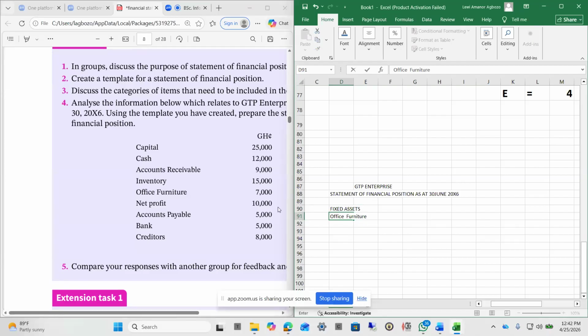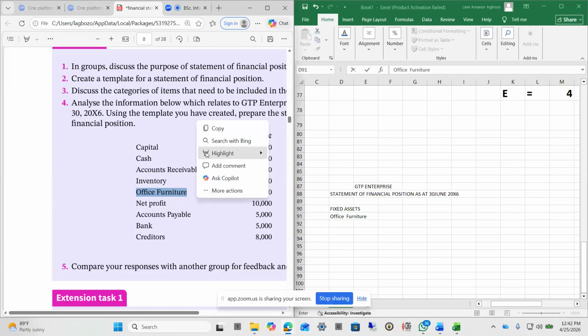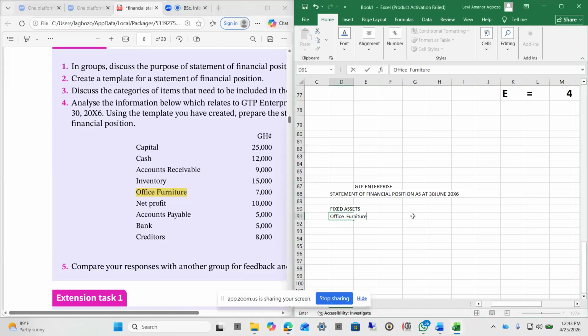Our fixed asset, the fixed asset inside this question is this one. That's the fixed asset. And the amount is how much? 7,000.